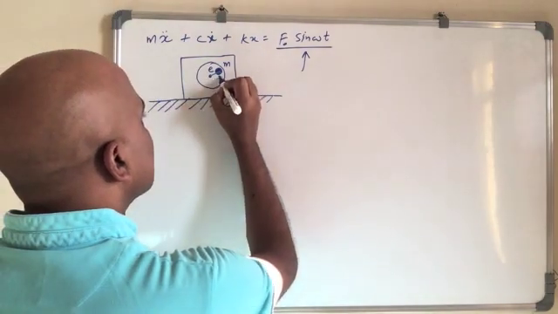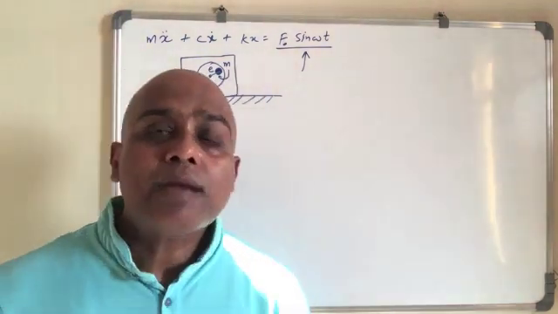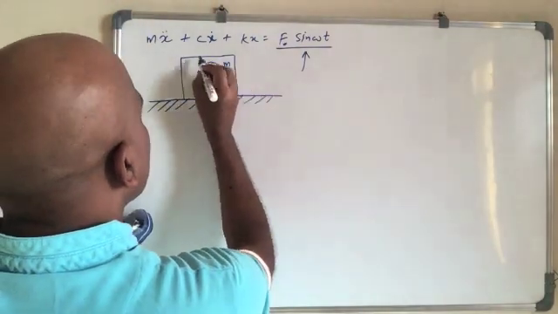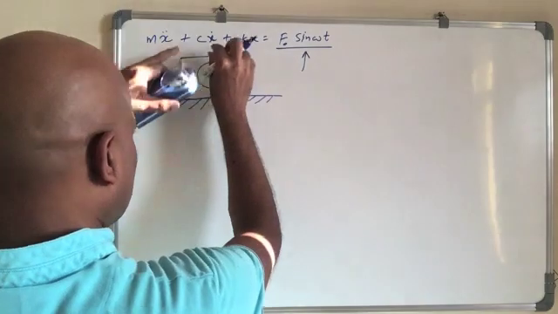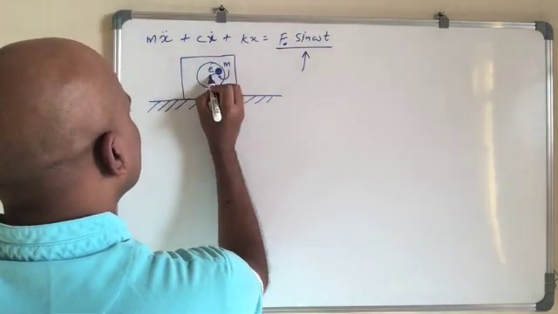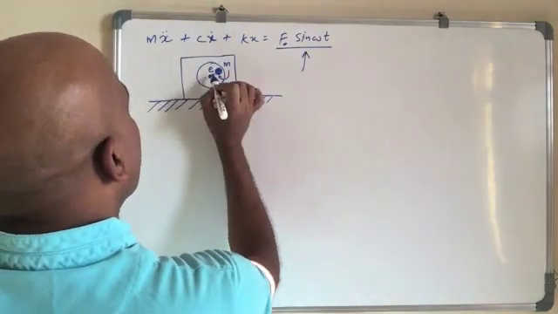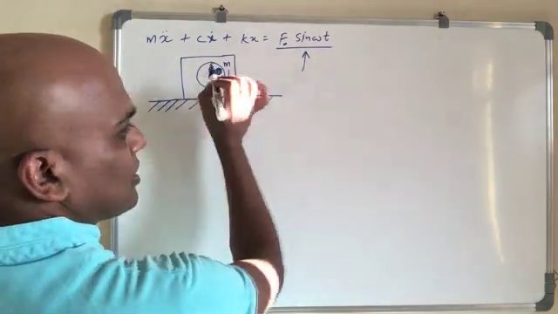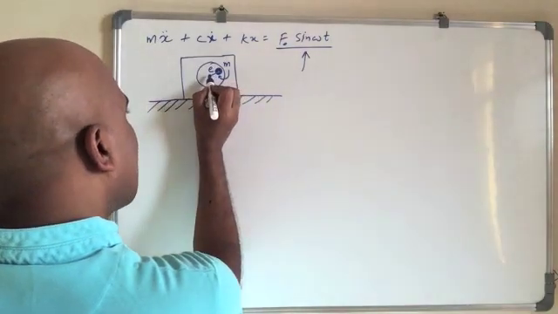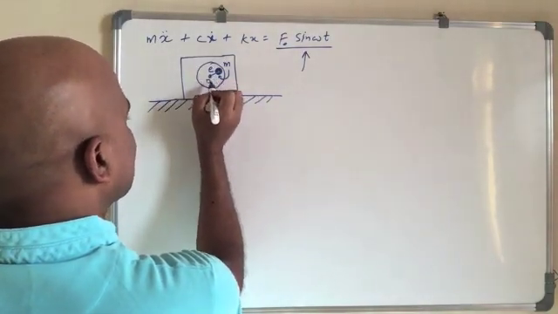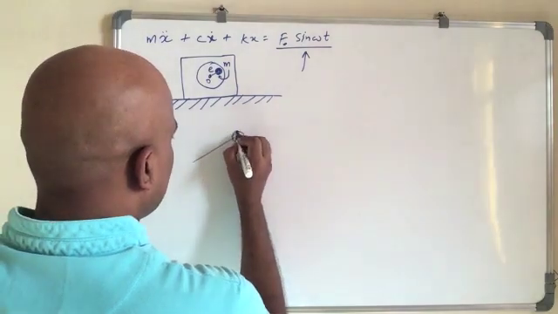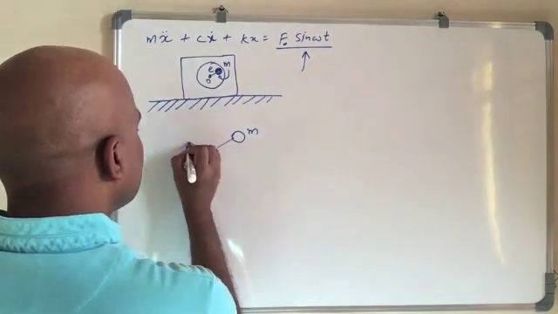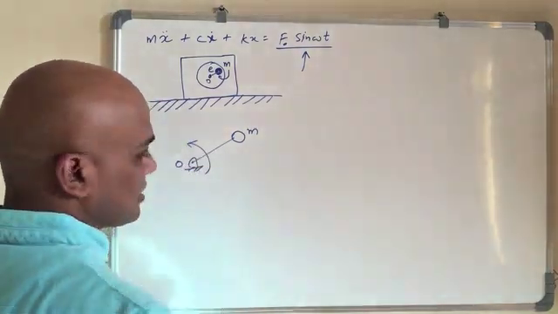Unbalanced mass means that you can assume for the whole machine that the center of mass is here, and there is one small mass m which is rotating about this point O, like this.